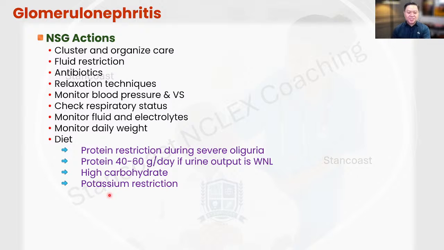Yeah, because the kidney function is already impaired. And so we're definitely going to restrict the potassium, because the kidney is no longer able to excrete the potassium properly. And so again, hyperkalemia is very dangerous to the heart. We're going to anticipate possible cardiac dysrhythmia, ventricular dysrhythmia.